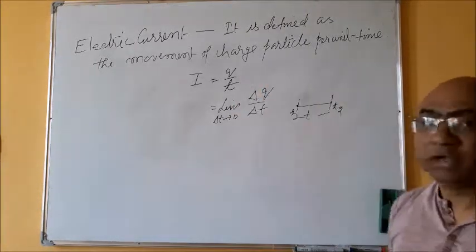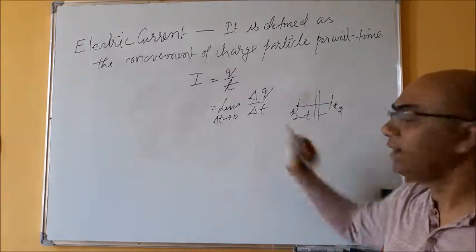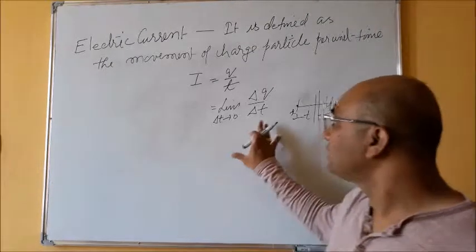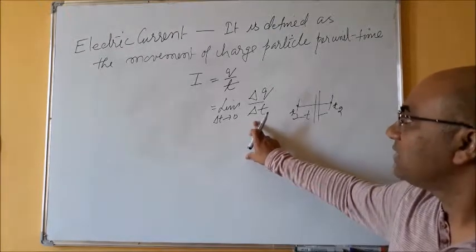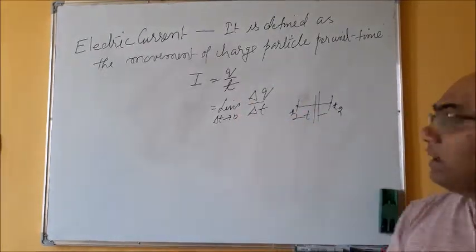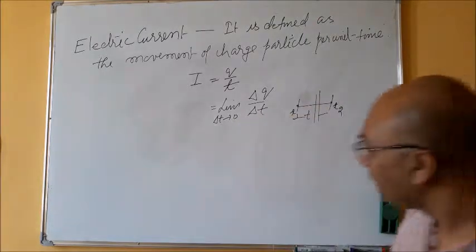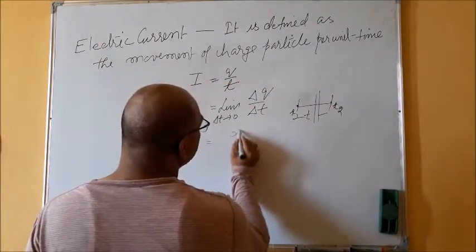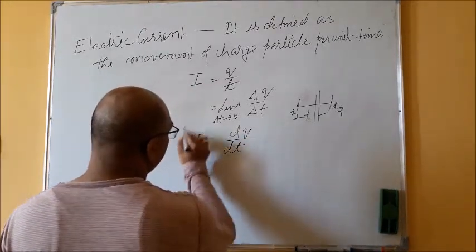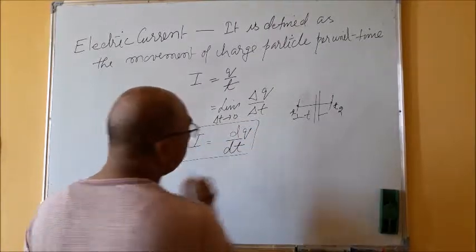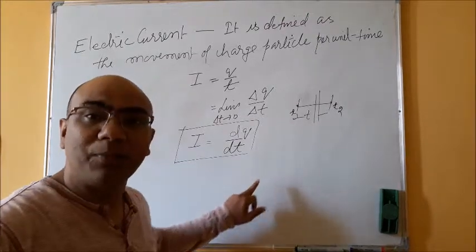If I reduce this time, it converts into del t, and for small del t this is called an incremental change. And with the incremental change we can define I as the limit del t approaches 0 of del q over del t. This can be further defined as I equals dq upon dt.